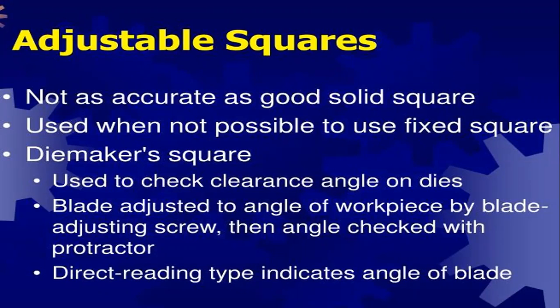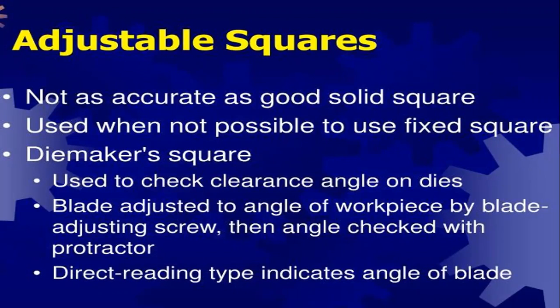Then we adjust the screw on the blade. Then we take the angle checked with the protractor. So here we are going to measure the angle. So what is the unleveled angle? Generally when there is no deflection, it has to be zero.